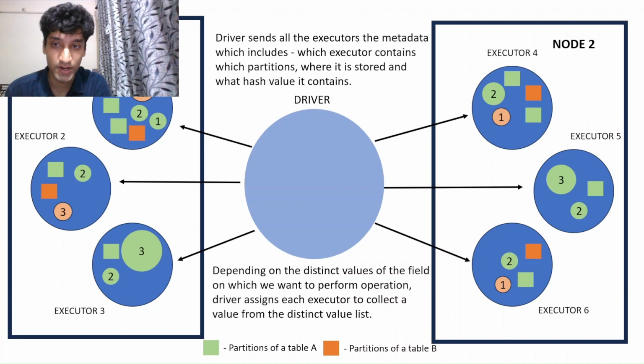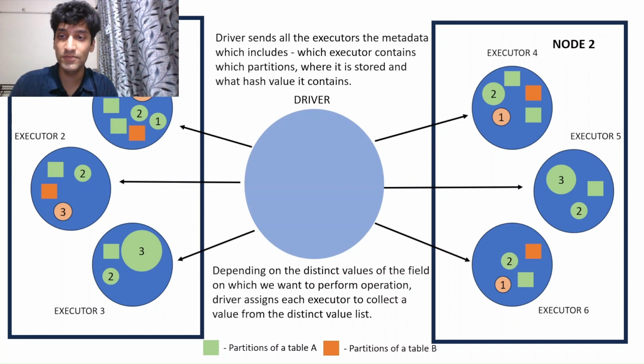Let's say, for example, executor 1 has been assigned to only collect values which are having 1, right? Based on what the executor has been assigned, it will fetch those values using the metadata which the driver has shared. Like the value of 1 is present on executor 4, executor 6, and executor 2.